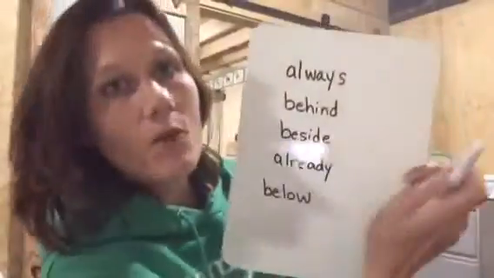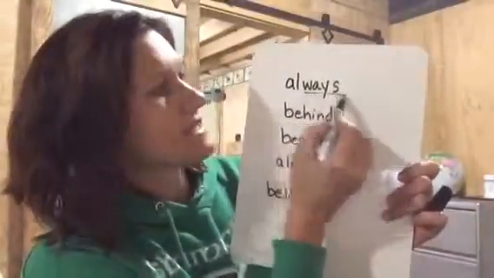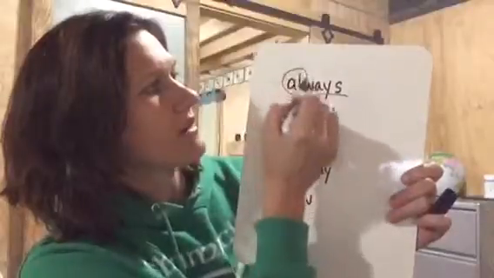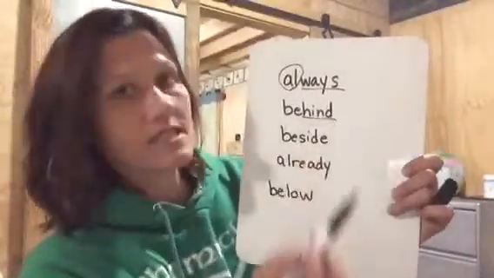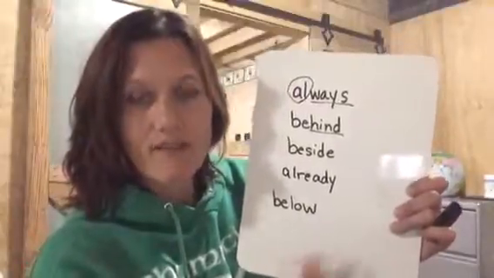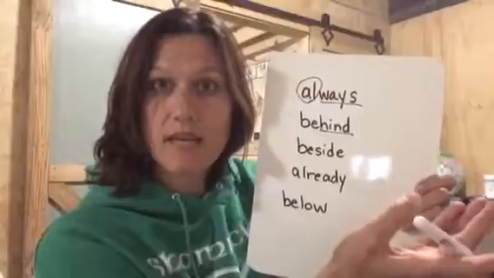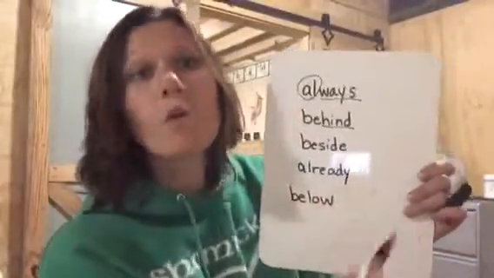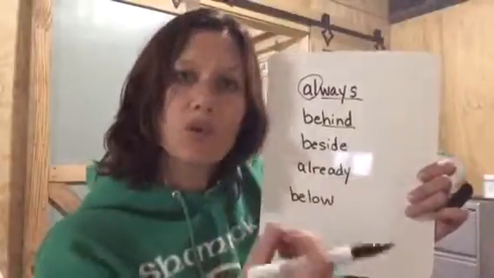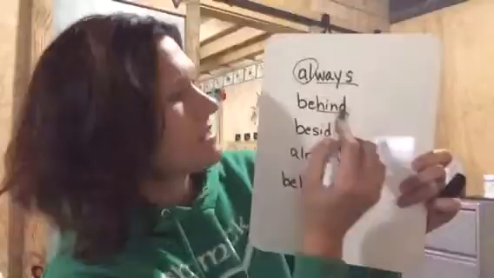All right, let's check our work, okay? We've got always. Ways is our root word and all is our prefix. Behind. Hind, believe it or not, hind is a word. Like your hind quarters. We had the pigs outside, right? Because, you know, who doesn't have pigs outside of their schoolhouse? Well, the pigs, you say your hind quarters is the back legs, right? So hind.